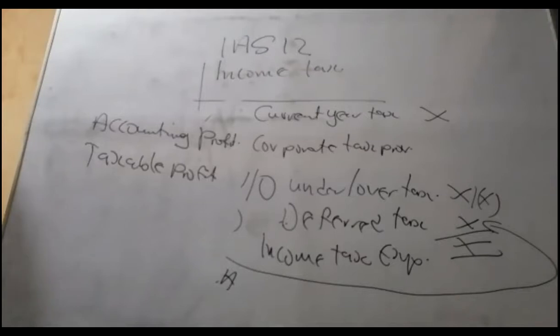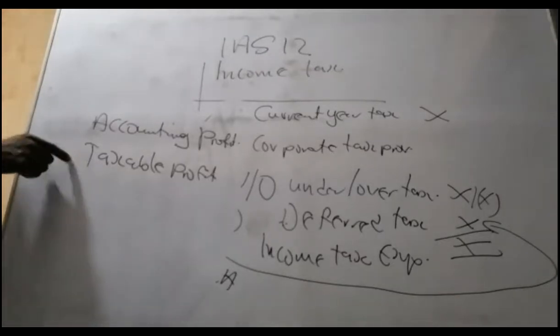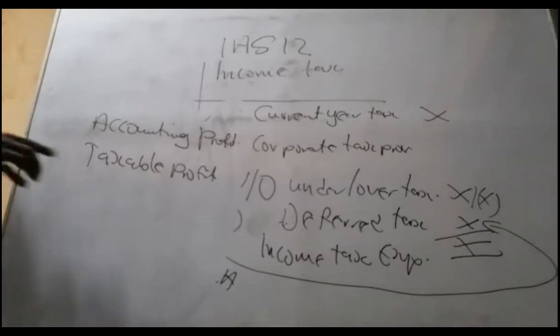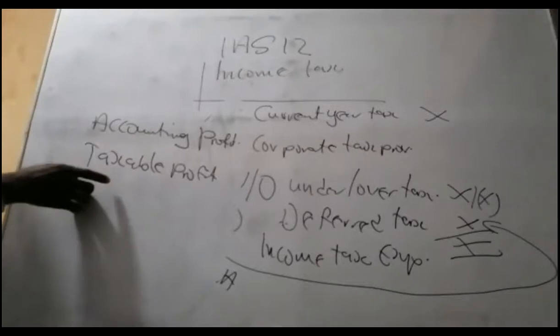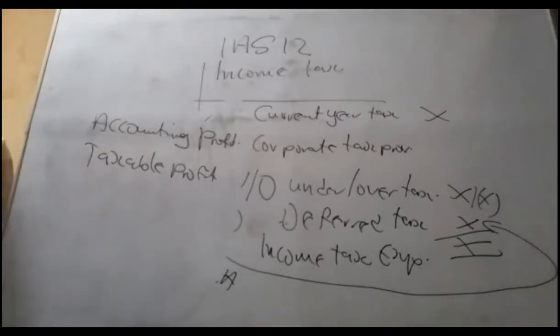The accounting laws. That's the IFRSs. Taxable profit, I call it the taxman's profit. It's a profit determined by the tax authorities using the relevant tax laws on which the company's income tax liability is calculated. So the actual profit that they will charge your tax on is called taxable profit.